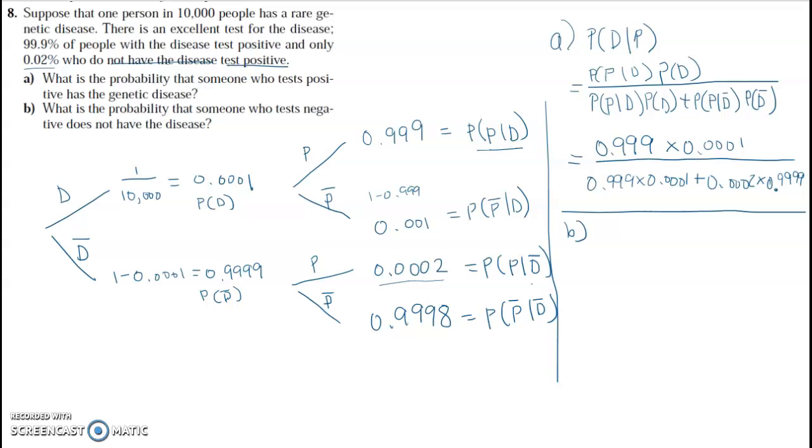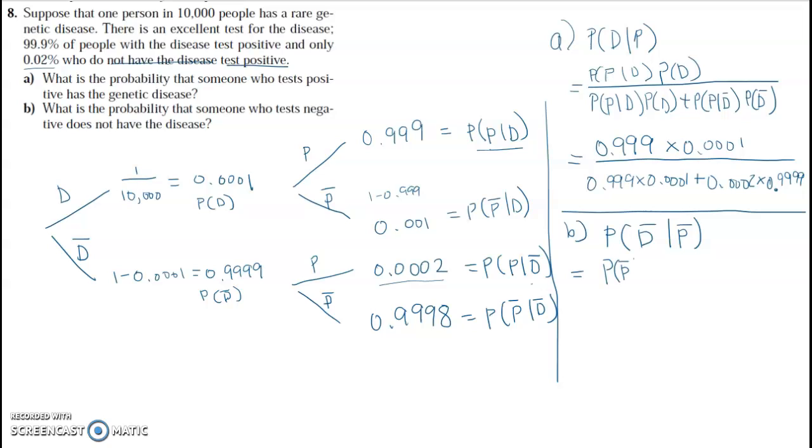Now let's do part B. So we have to figure out what part B is asking for. It's asking for the probability that someone who tests negative does not have the disease. So this can be written as not D given negative. And of course, this is another part where we would have to use the Bayes theorem.